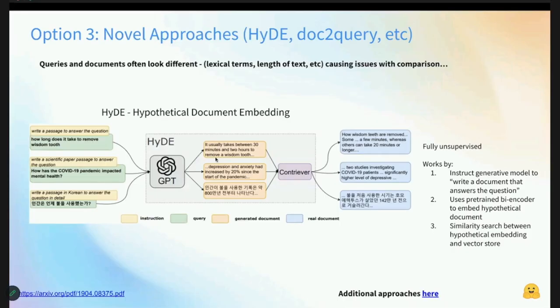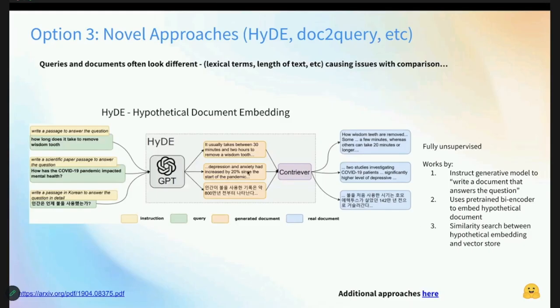So these hypothetical documents will actually be more similar to your real documents than the question would have been. And again, it's fully unsupervised. You have higher expense at inference time in terms of latency because you have to run this generative model, but they demonstrate that you get a pretty good performance boost by doing such a thing.